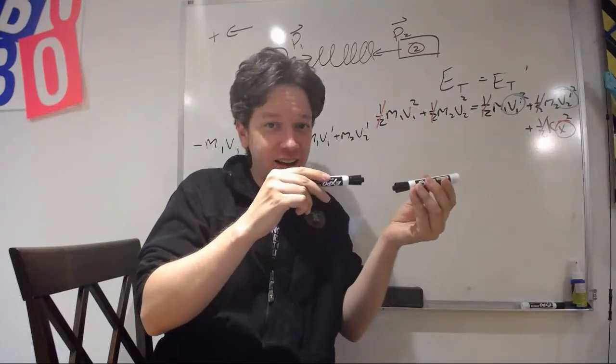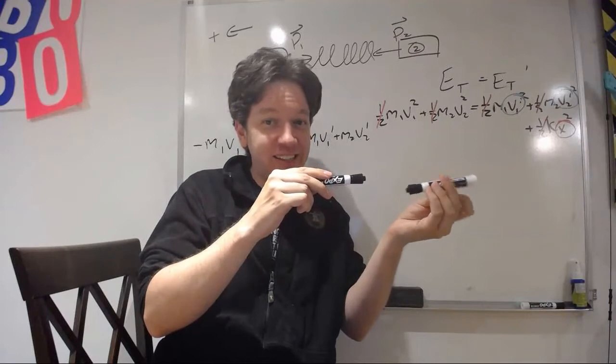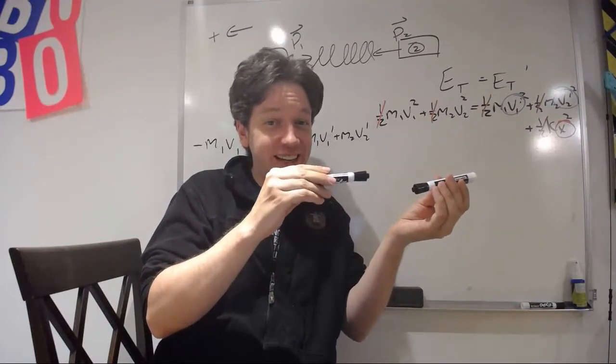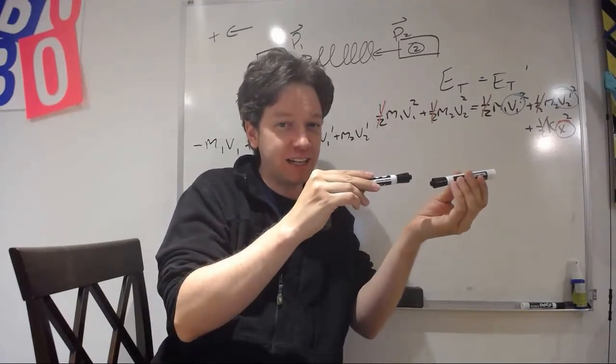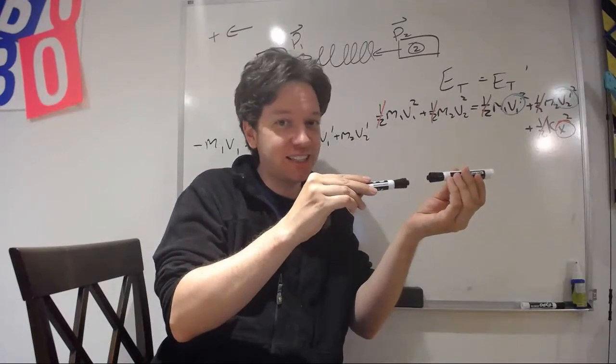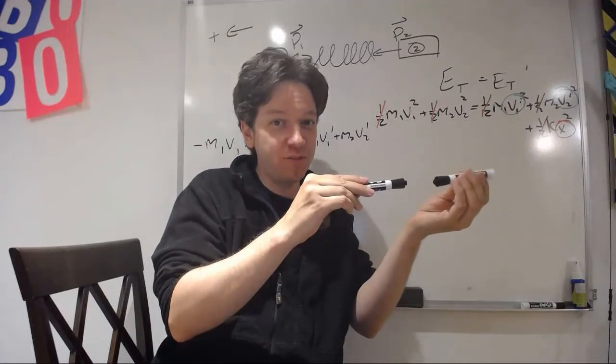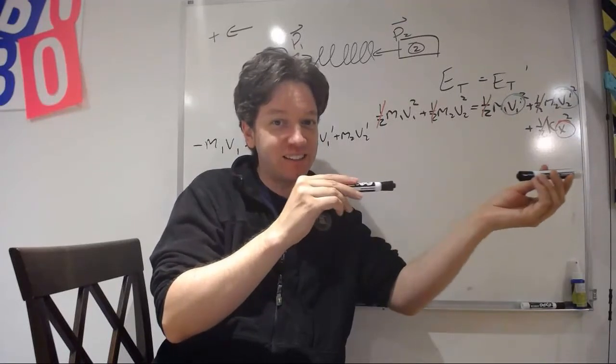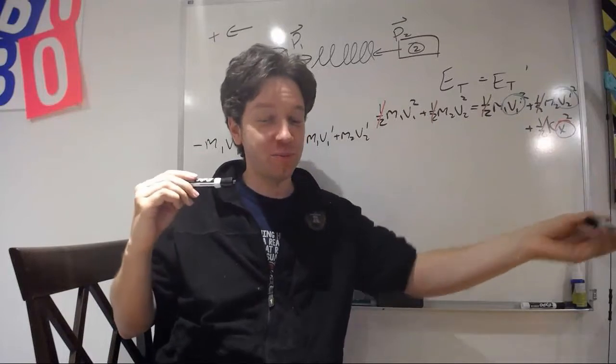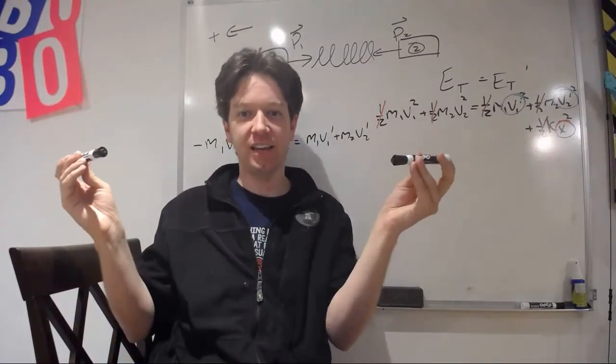Eventually, right, this one will increase its velocity as this one decreases it, and they will reach the same velocity. Once they've reached the same velocity, that's when this one starts to overtake and this one slows down and they start moving further apart. So it's just like our initial case, right?